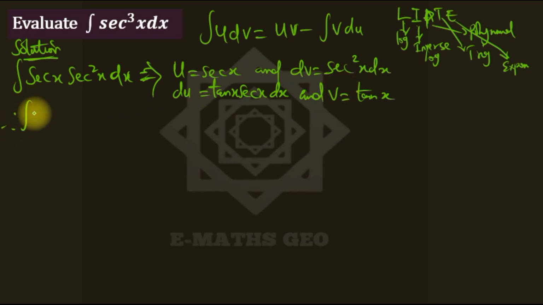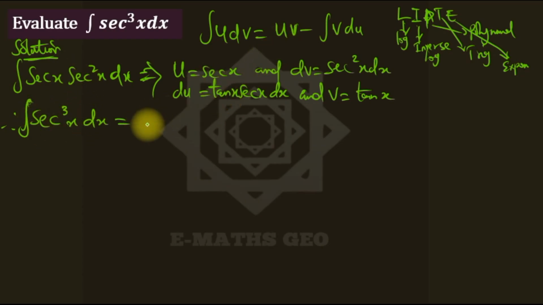Therefore, we now have the integral of sec cube x. I'm using this formula now. This and this are the same, so I have to keep this, because I will use it later.